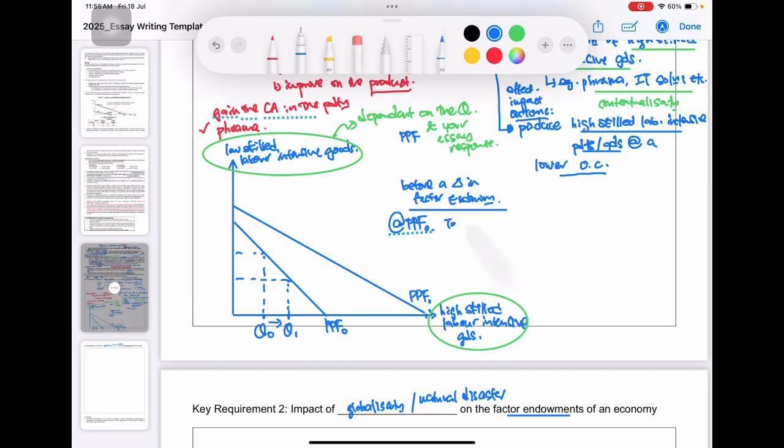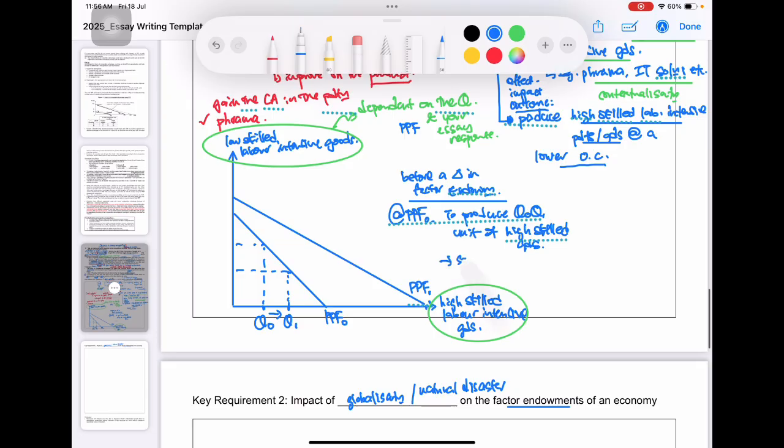So to produce Q0, Q1 units of high skilled goods, short form, but in the actual exam, please write out that the country sacrifices Q2, Q3 units of low skilled labor intensive goods.